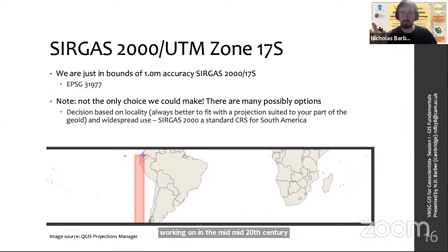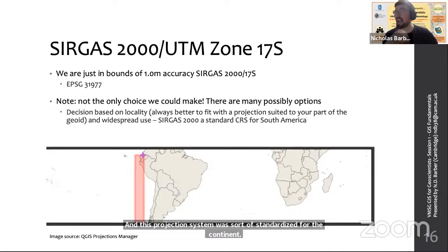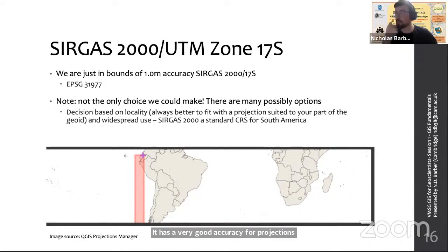And then in the mid to late 90s, there was a big meeting among different geodeticists across South America, and this projection system was standardized for the continent at that meeting. It has a very good accuracy for a projection system, which is also very helpful. And it fits within the bounds of our operating area. You see that SIRGAS 2000 is also called UTM Zone 17S.